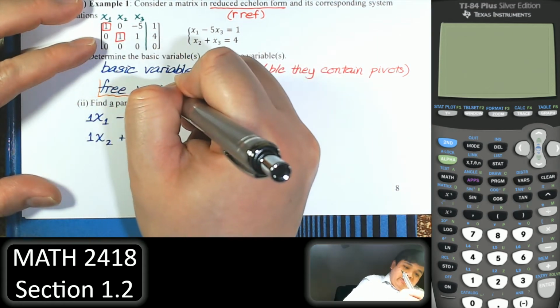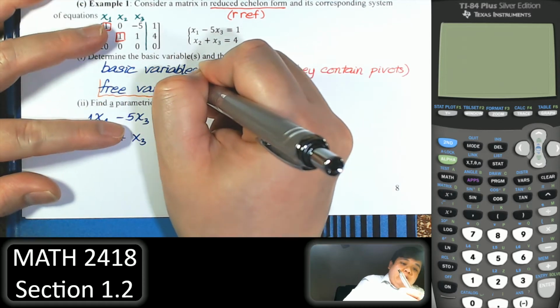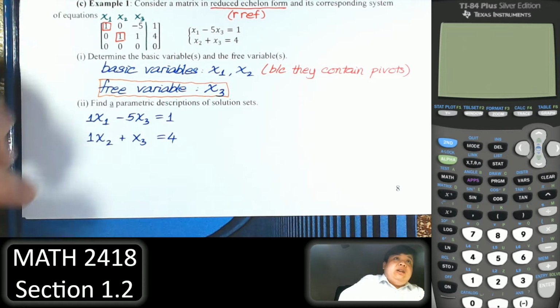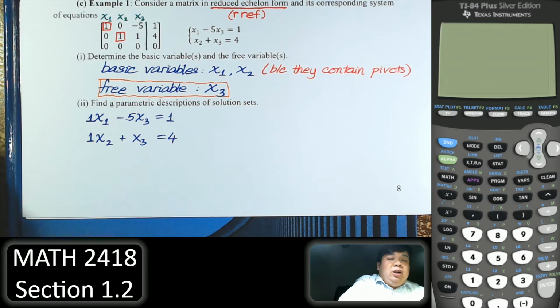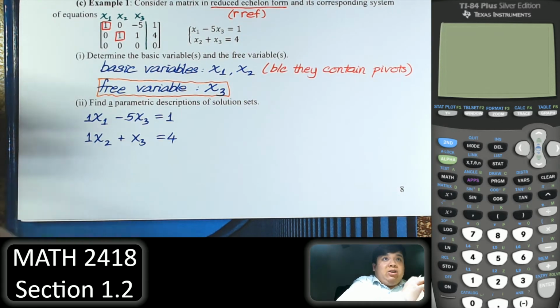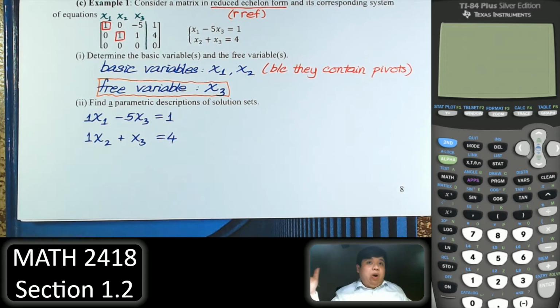Next, what we see is x3 is the free variable. Free variable meaning it can be anything. So everything will be based on x3, because once we know x3, we know everything else.